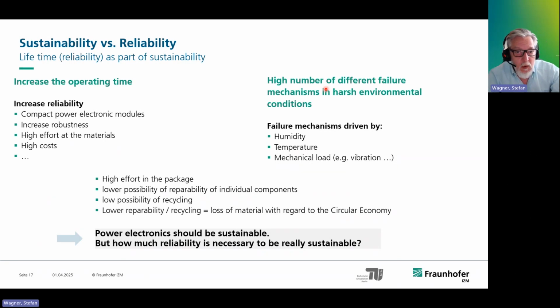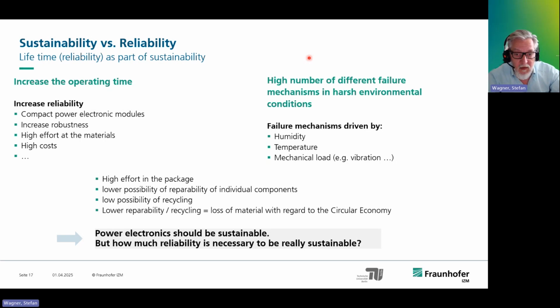We can get compact power electronic modules, increasing the robustness, but we get a high effort at the materials and higher costs. But we have a high number of different failure mechanisms in harsh environments, all driven by humidity, temperature, and mechanical loads like vibration.